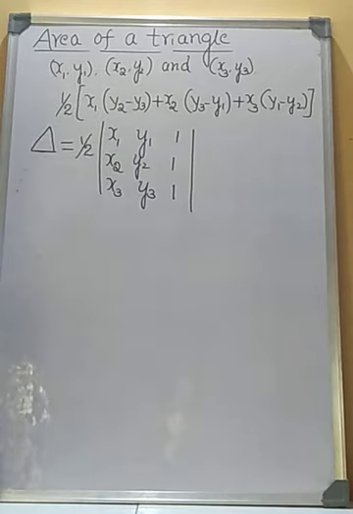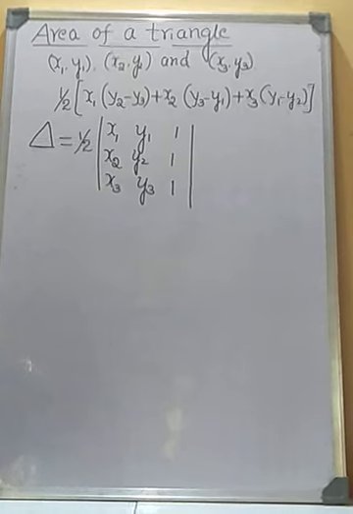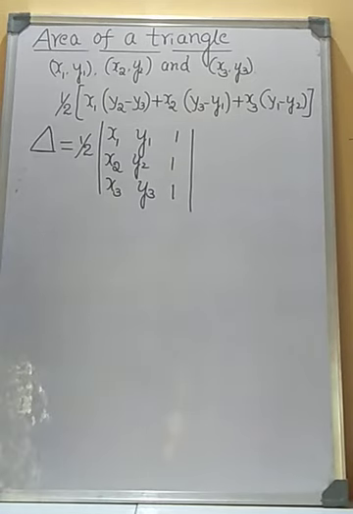Now, using this formula, find the area of a triangle. Here the area is given. Use both positive and negative values of the determinant for calculation. One more point: the area of the triangle formed by three collinear points is 0.